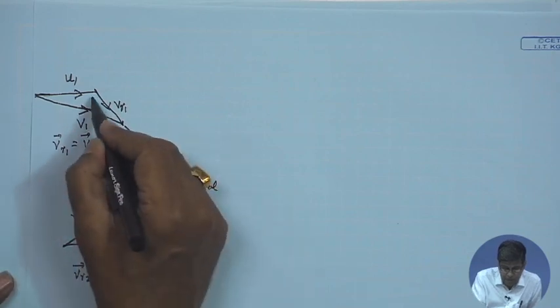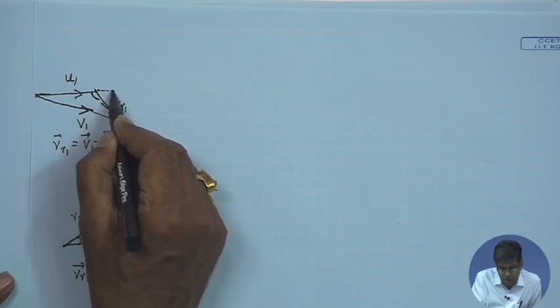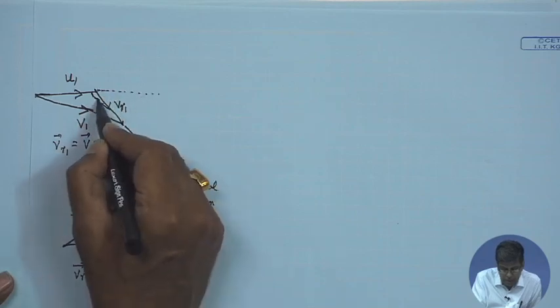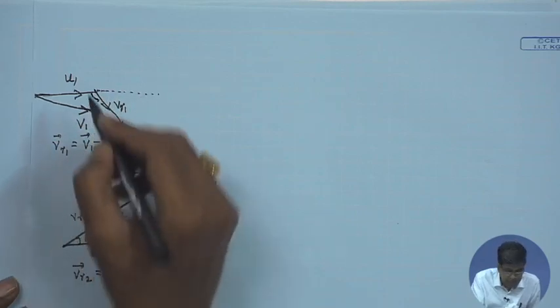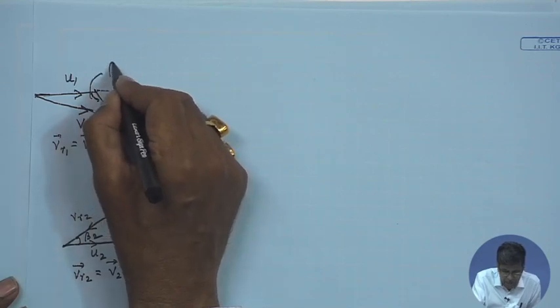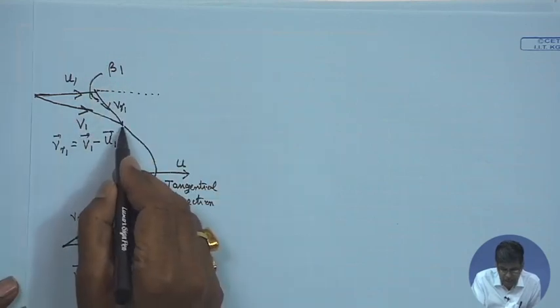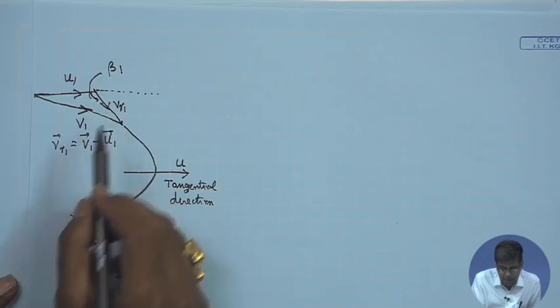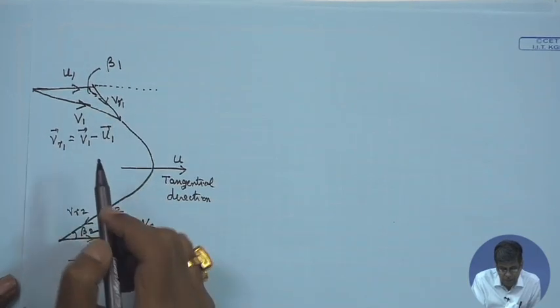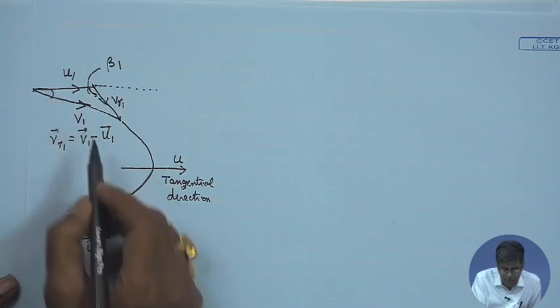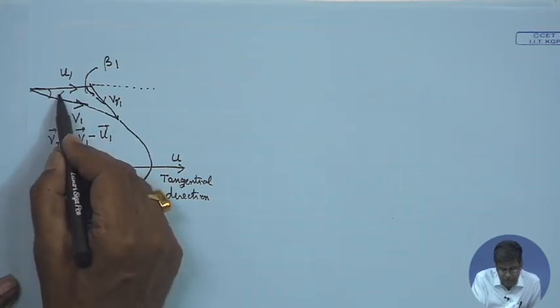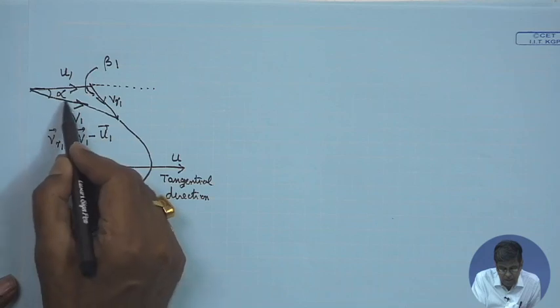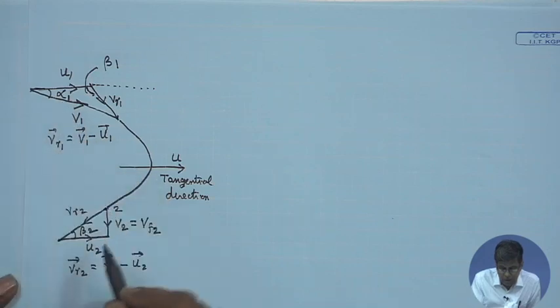Now, this angle we define as beta 1, that is the angle of the relative velocity at the inlet of the runner. The angle which the absolute velocity at the inlet makes with the tangential direction is usually given the nomenclature alpha 1, where alpha 2 is 0 in this case at the outlet.